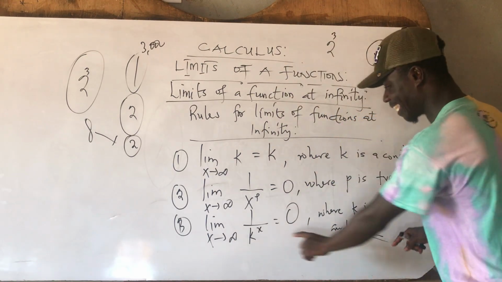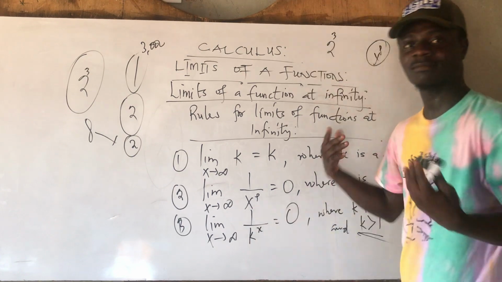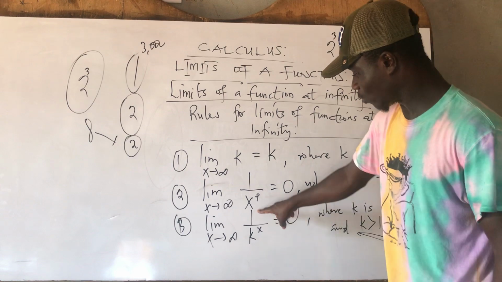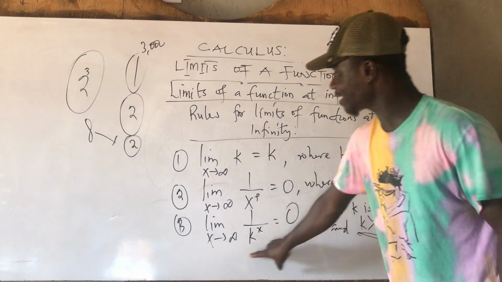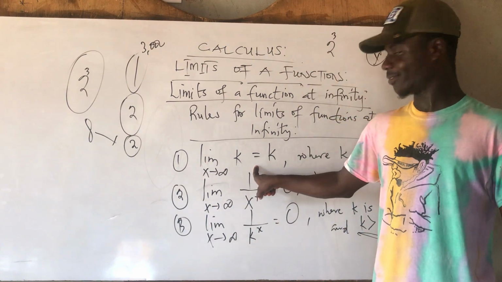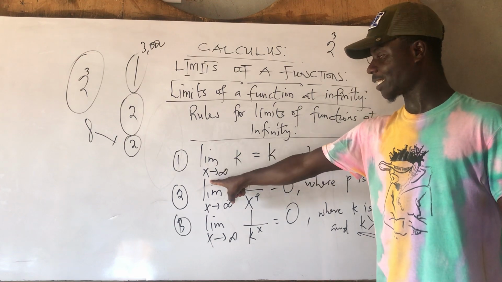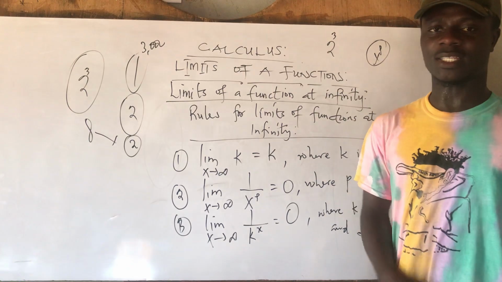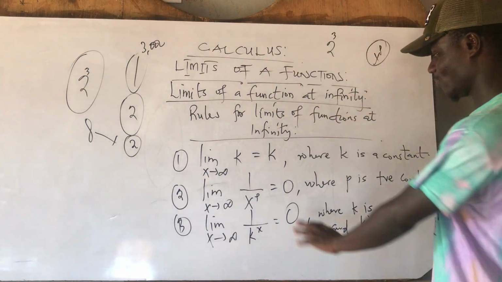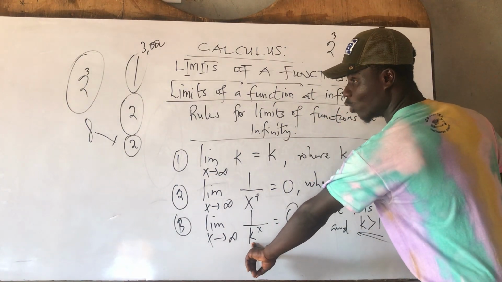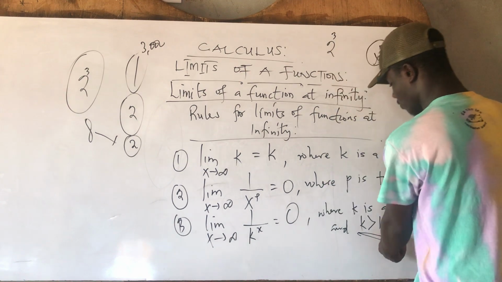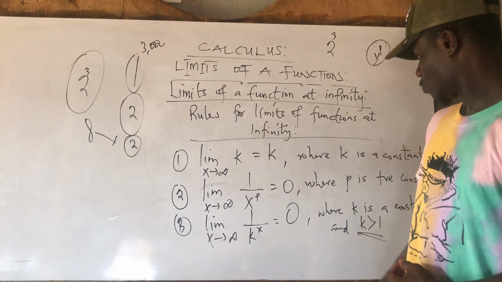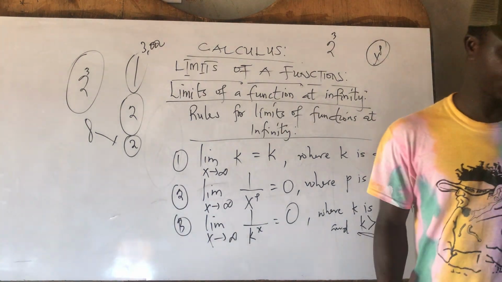So when k is 1, the function is the same, because we will get 1 over 1, which gets us back to rule 1, which means the limit as x approaches infinity of k must be equal to k. So we have to state the condition here that k must be greater than 1. What would be the limit of that?